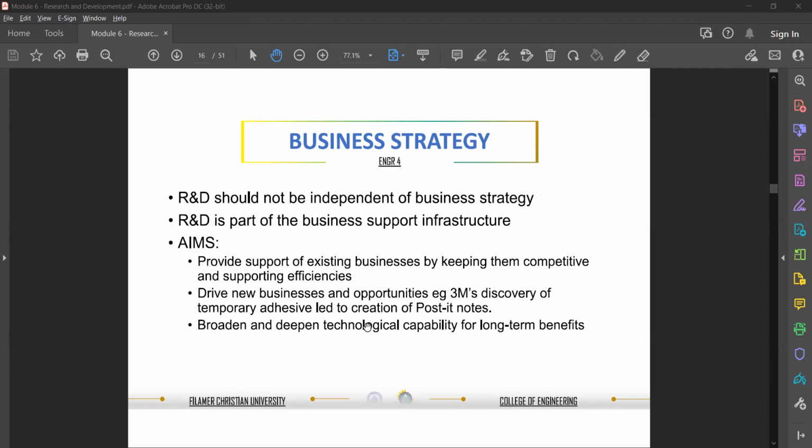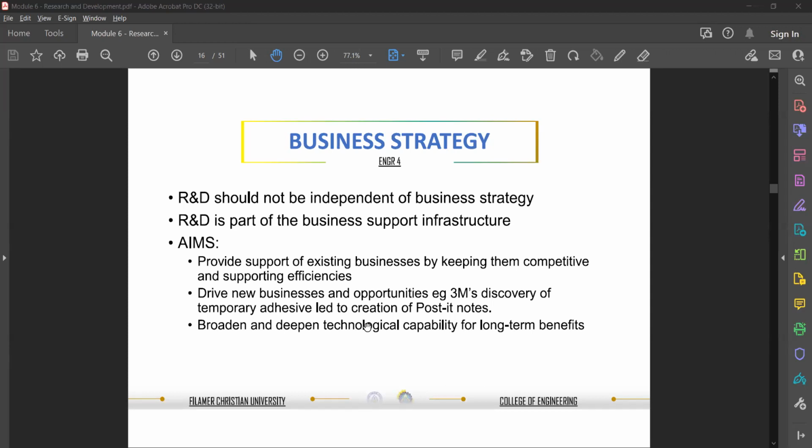Which is part of the business support infrastructure, which aims to provide support to existing businesses to keep them competitive and supporting efficiencies. It also aims to drive new businesses and opportunities. Just like 3M's discovery of temporary adhesive, which led to the creation of Post-it notes.